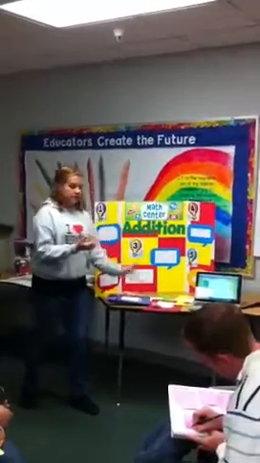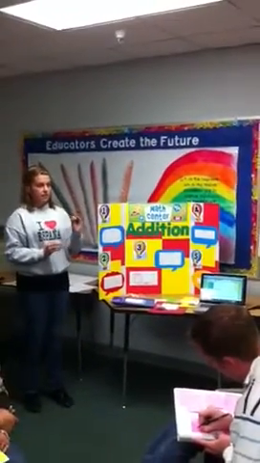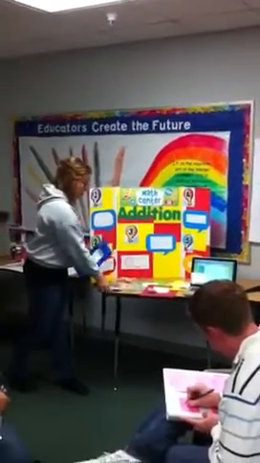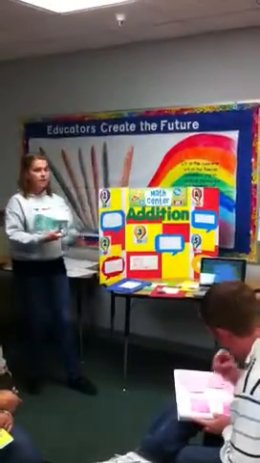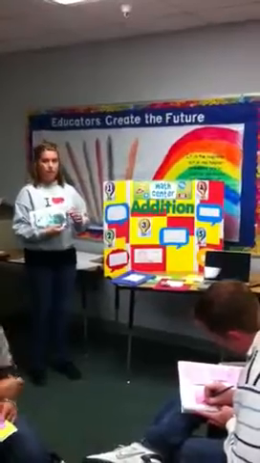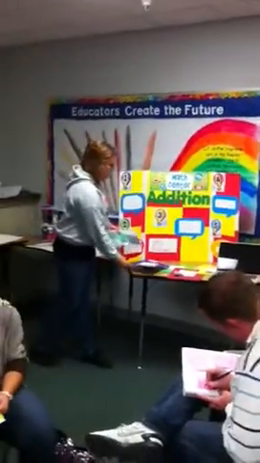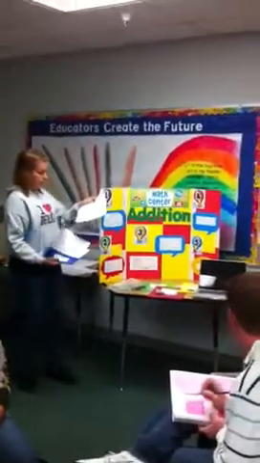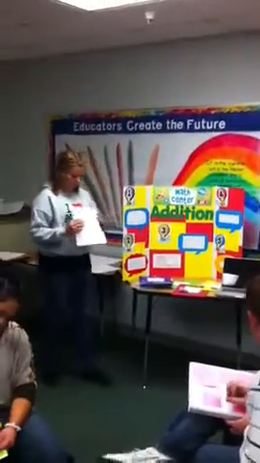They would add the two numbers together, and depending on what number they got, they would take the unit or the rod. Then they would place it inside their worksheet.